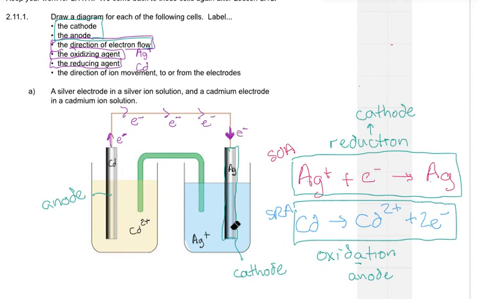On the cadmium side, this reaction says cadmium metal dissolves into ions, and so we get more and more cadmium ions flowing out into solution. They're coming out of here into the left side beaker. What do you think happens when you have all these positive charges piling up on the left side?